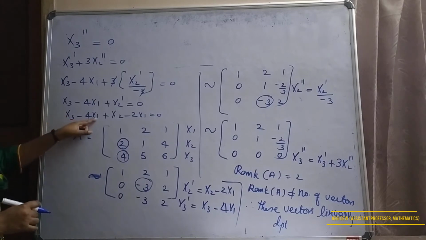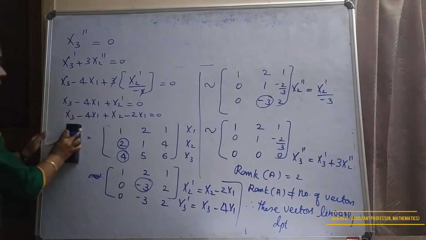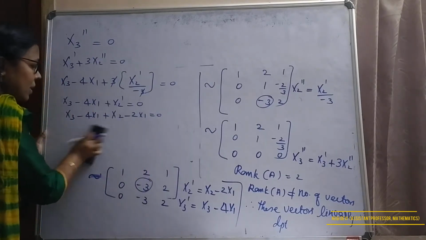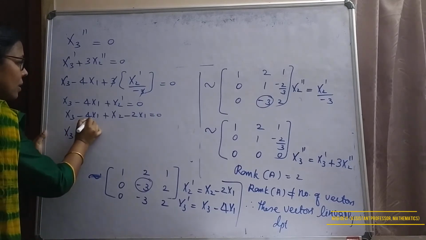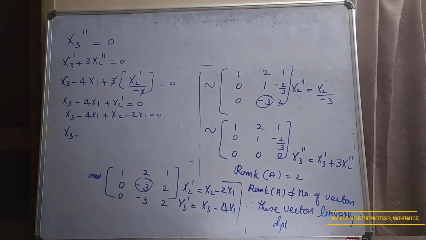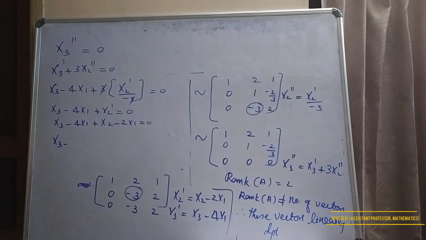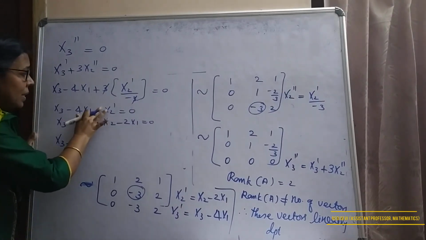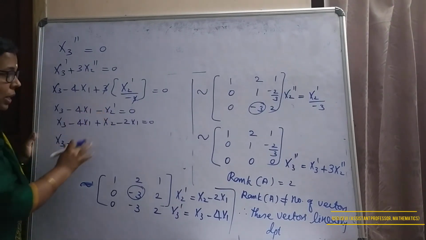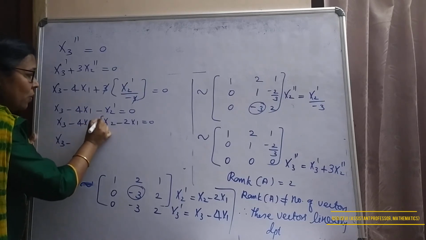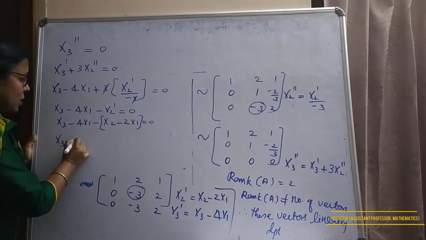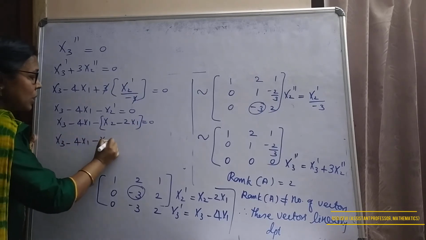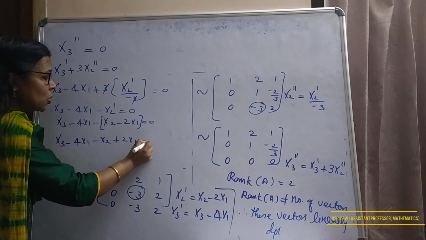Now all changes to x1, x2 and x3. Taking the sign carefully, x2 dash is x2 minus 2x1, so we get x3 minus 4x1 minus x2 plus 2x1 equal to 0.